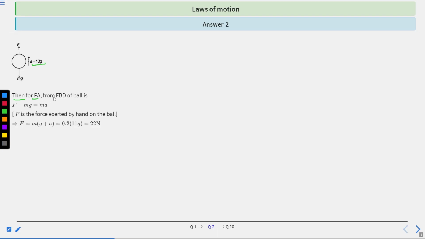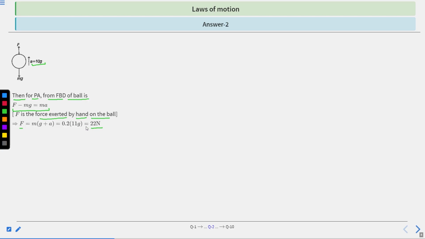For PA, from the FBD of the ball, F minus mg equals ma, where F is the force exerted by the hand on the ball. So the total force F equals m(g plus a), which is equal to 0.2 multiplied by 11g. So the final answer is 22 Newton.